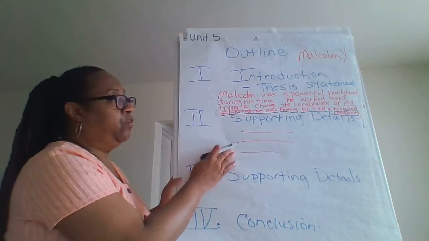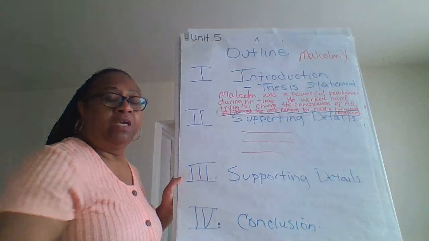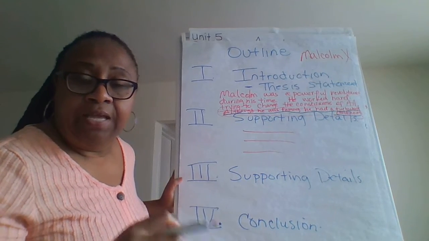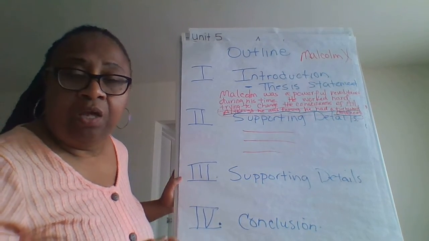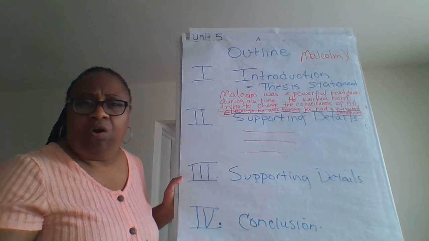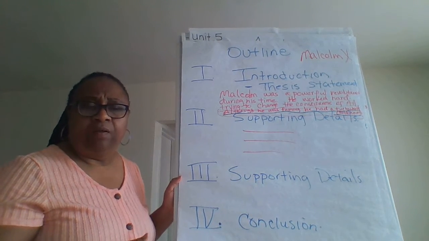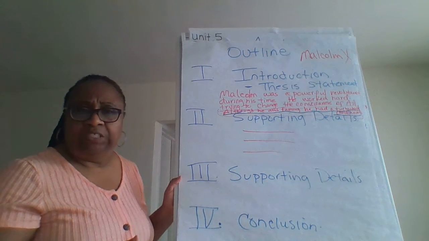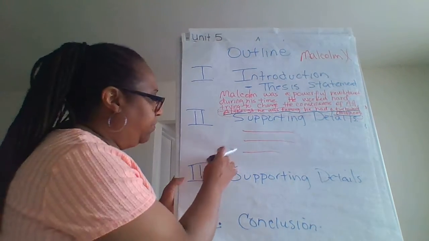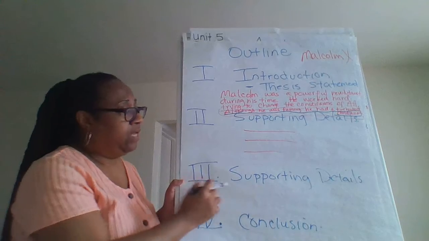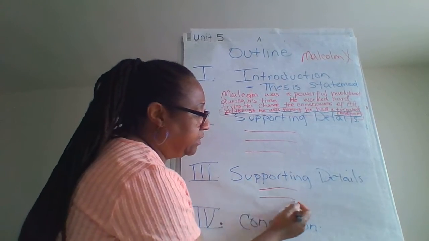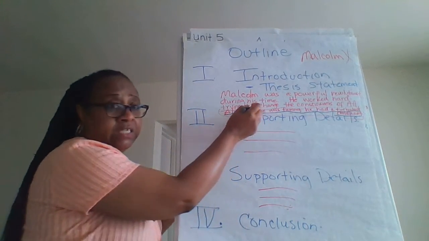In paragraph 2, talk about some of the things that made his childhood bad or hard or cruel or mean or unfortunate. And then go to paragraph 3 and give more supporting details about this thesis statement.